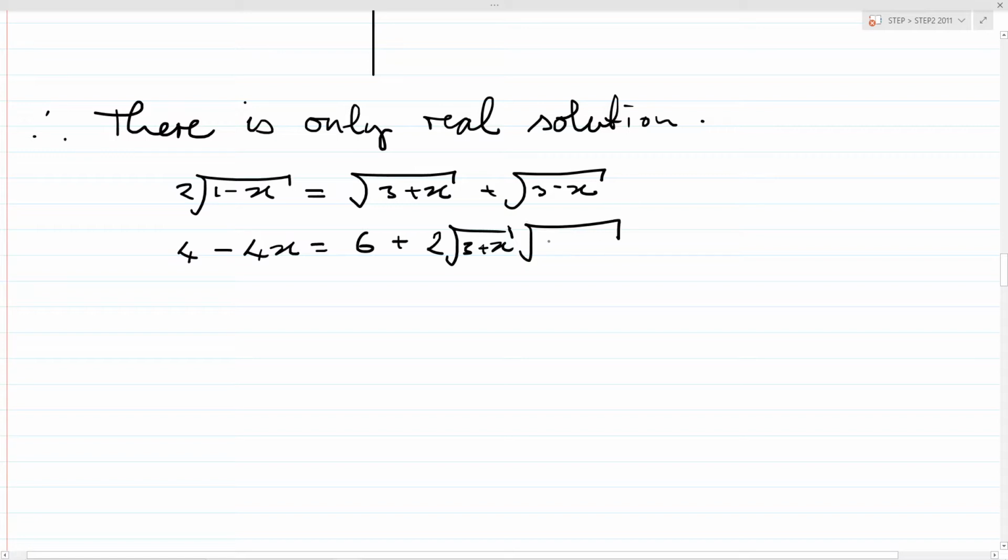And then what we're going to do is, we're going to move this 6 to the other side and then square again. And when we do that, what we're going to get is -2. So we can see that 2's will cancel. If we cancel everything out, we'll get that this is going to be -2, but then we cancelled, so it's 1, -1, subtract x, and we're going to square that. And then we're going to see that we get 4. No, we're not going to get 4, are we? Because we've just cancelled by the 2.